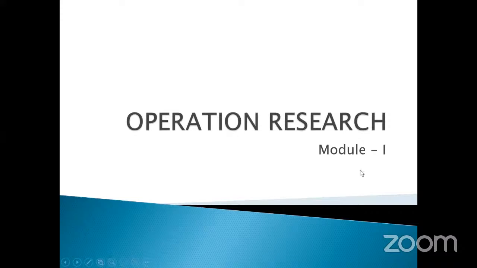This is necessary for every postgraduate student. Operations research is important for those doing an MBA, particularly because they need to go through the research process, as in the fourth semester it is mandatory to do a project on a particular topic.